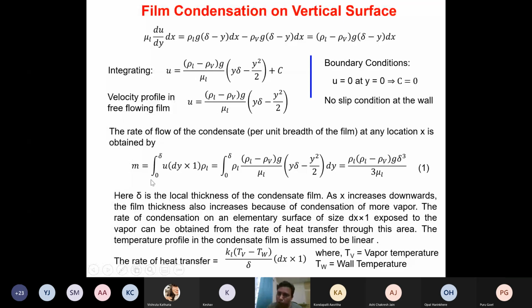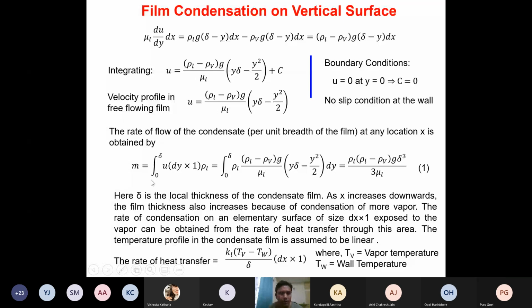More and more vapor getting condensed means there is heat transfer taking place. So the amount of heat transfer taking place has a direct relation with how much the thickness of the film increases. So that is what is being given here: as x increases downward, the film thickness also increases because of condensation of more vapor.